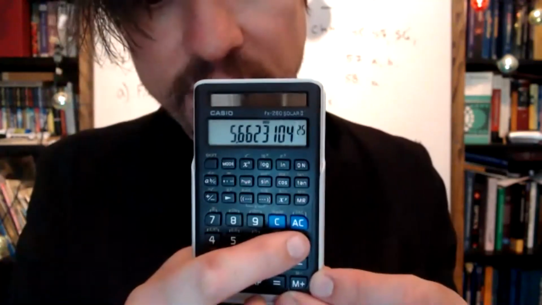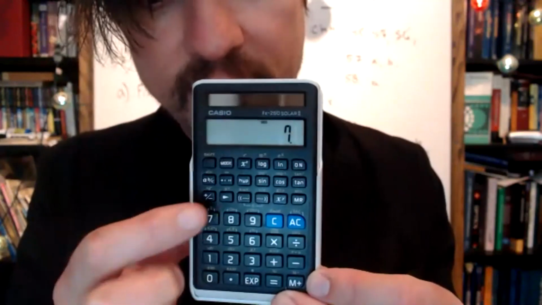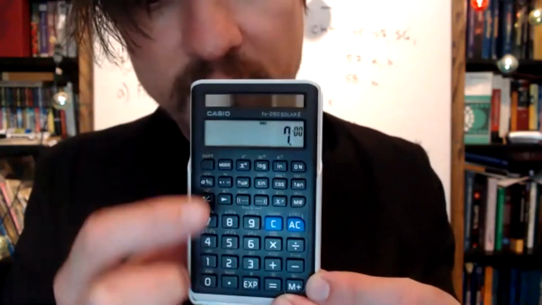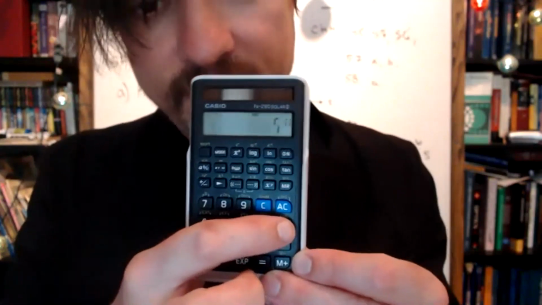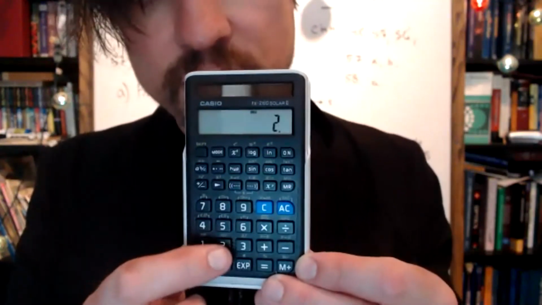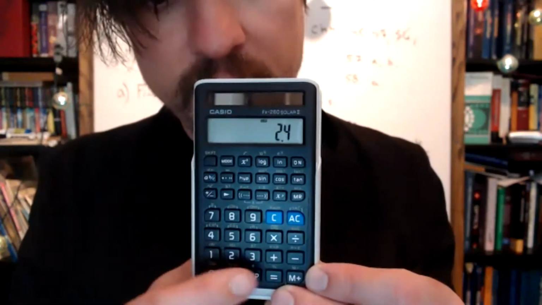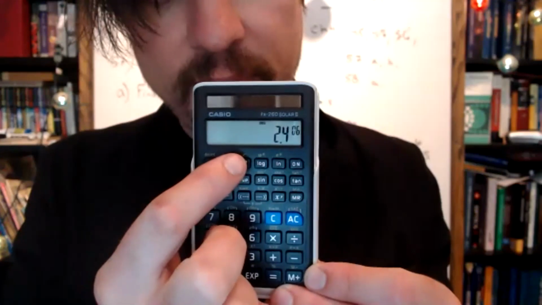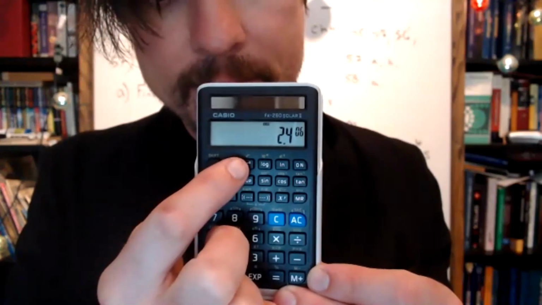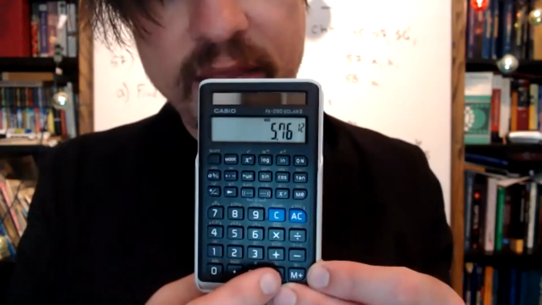Now I'm going to divide by G, divide by 7 EXP negative 11. Then I'm going to divide by 2.4 EXP 6. I've got to square that right up here. And then equals.